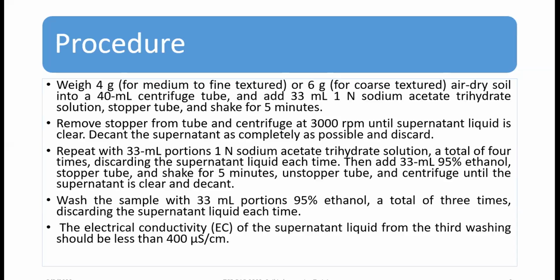Then for washing of the soil, add 33 mL ethanol. Stopper the tube and shake for 5 minutes, then centrifuge until the supernatant is clear and decant.